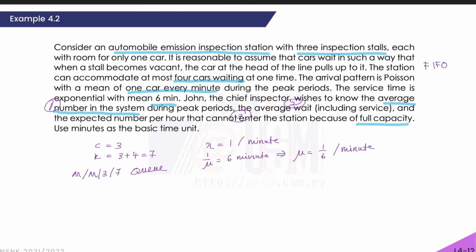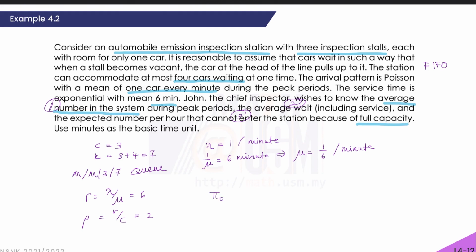First, you can simplify the terms. Your r equals lambda over mu, which gives you r equals 6. Then your rho is r over c, which is 2. First, of course, you have to determine your pi naught.